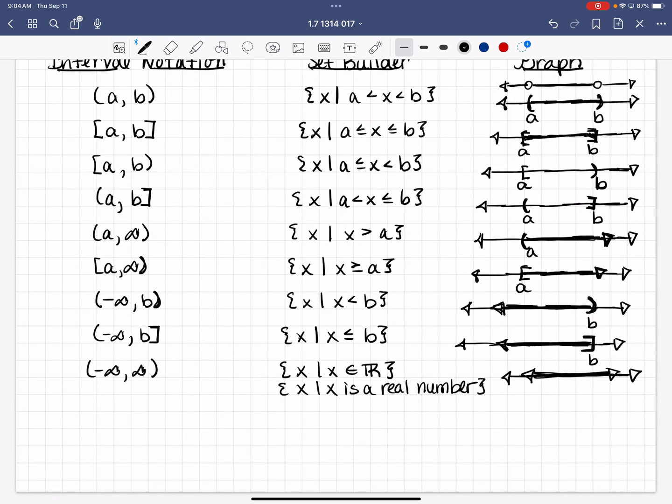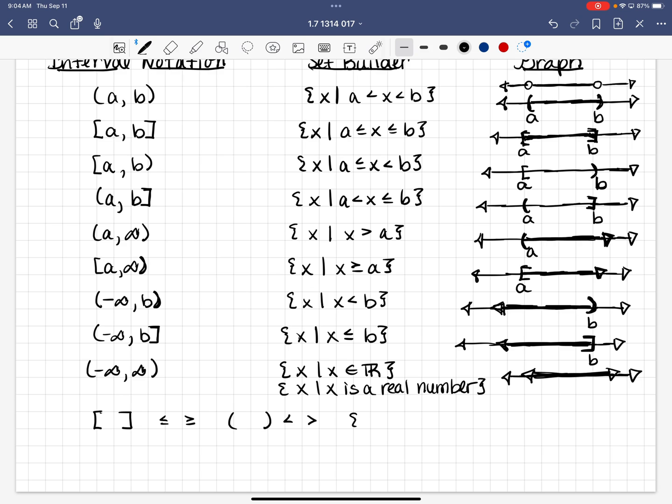Okay, so here's the gist. If we have some brackets, we're going to have equal to. We'll have a less than or equal to, or greater than or equal to. It's got an equal to on it in the set builder. If it's some parentheses, it's less than or greater than. It doesn't actually equal it.